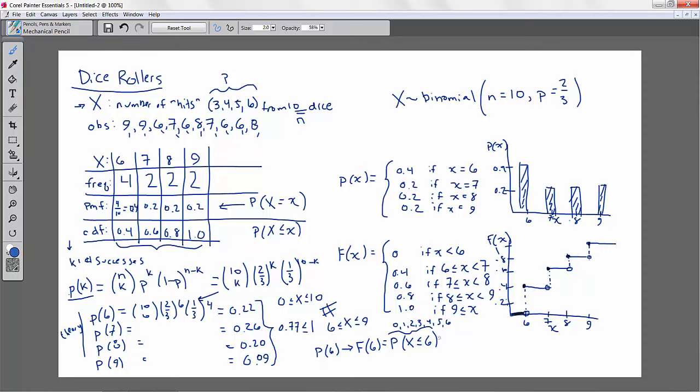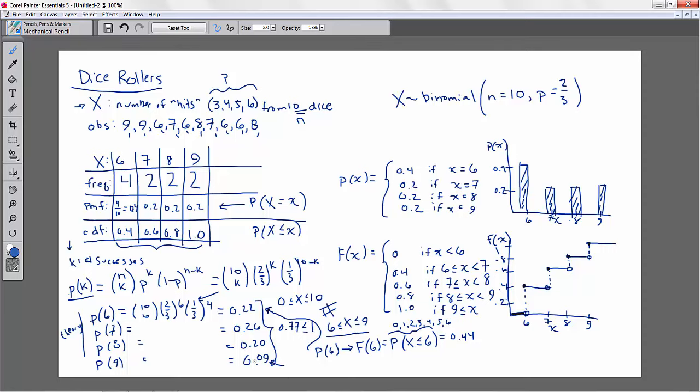You could use a statistics library, for example, to calculate this, which ends up being around 0.44. That would be a good replacement for this particular value if we wanted to truncate this distribution to only consider x between 0 and 9.